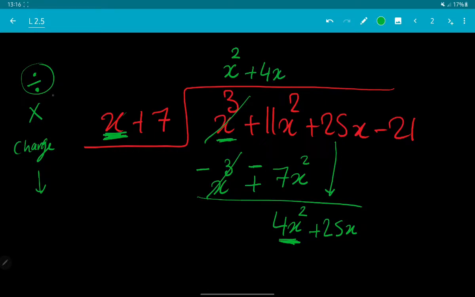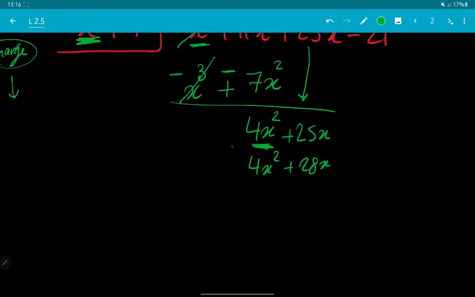When you divide by x, multiply 4x by all of them, this will be 4x squared plus 28x. Now change the signs. When you change the signs, this will be negative and this will be negative. Now you will cancel this, and 25x minus 28x is negative 3x.